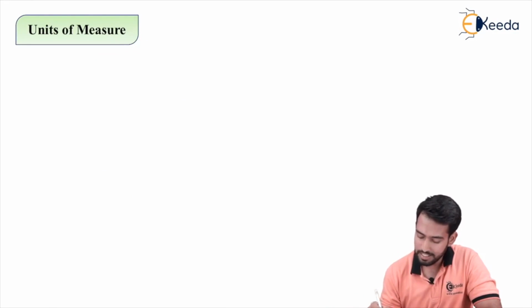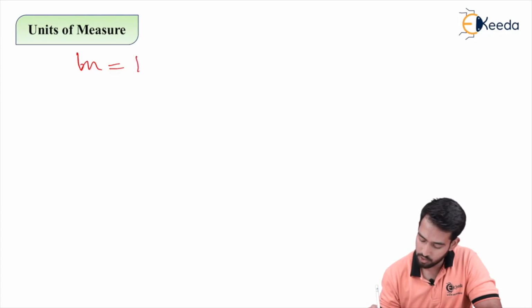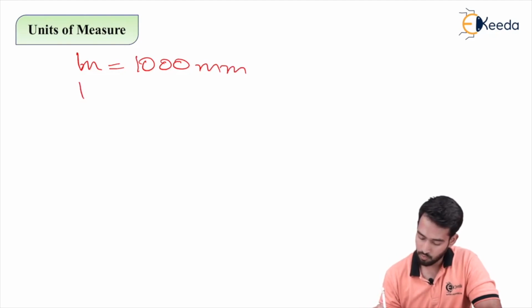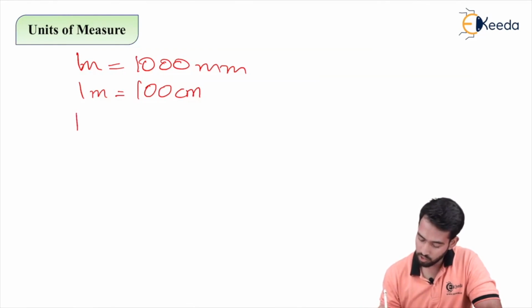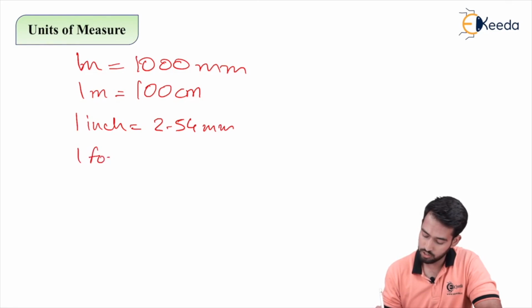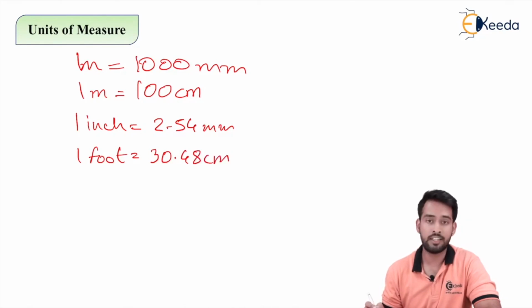So if we see the conversion of meters into other units, 1 meter is equal to 1000 mm. 1 meter converted into centimeters is 100 centimeters. Talking about inch, 1 inch is equal to 2.54 cm. 1 foot converted into centimeters is 30.48 centimeters.